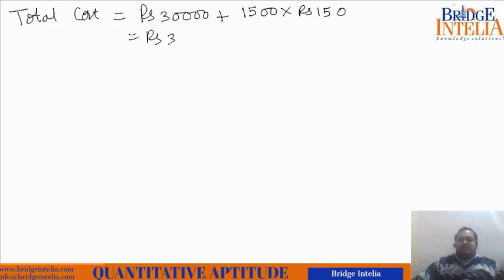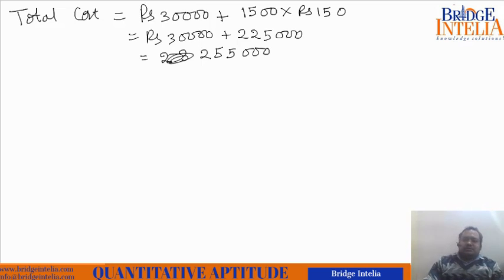If you solve this, 30,000 plus 15 into 15, 225, 225, this much. So this comes out to be equal to 2,55,000. So this is the total cost.